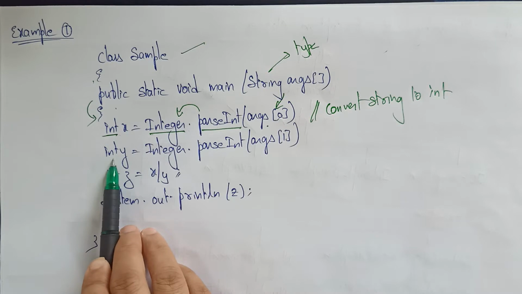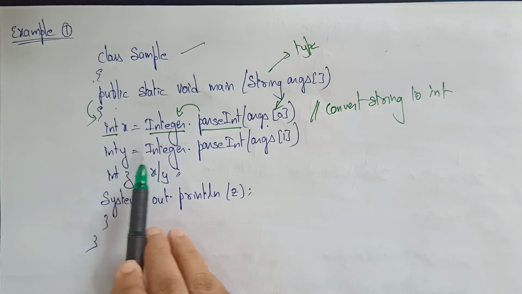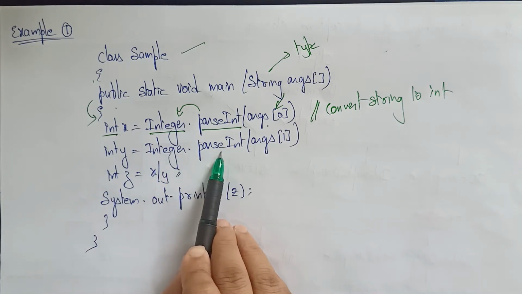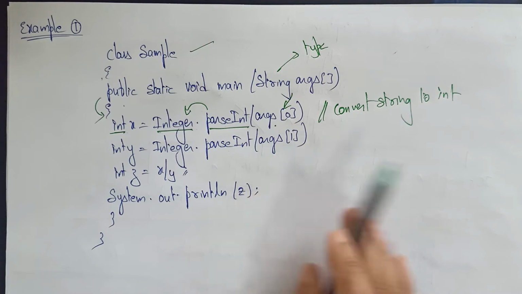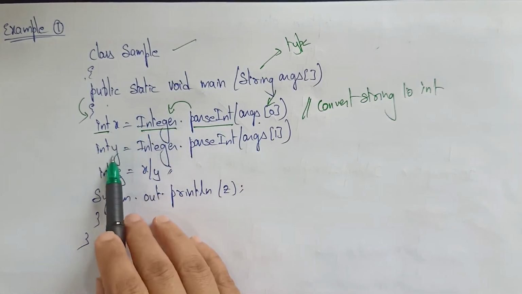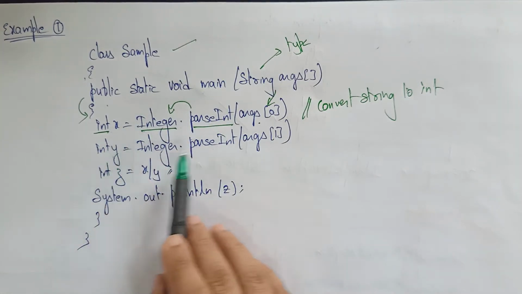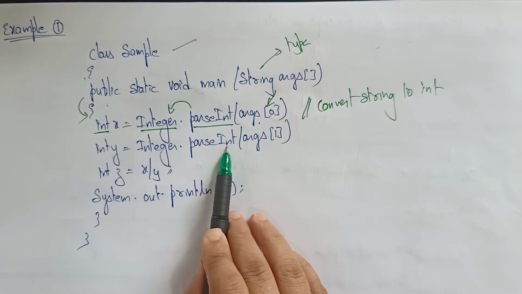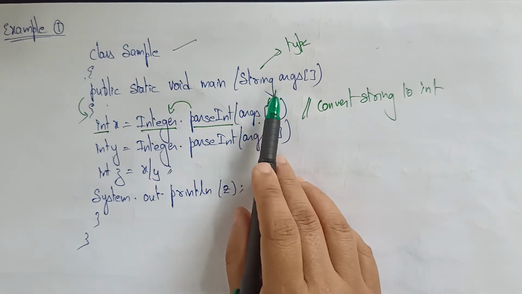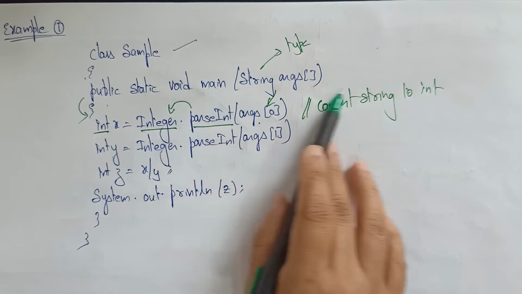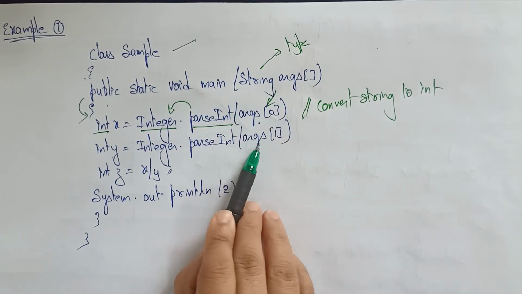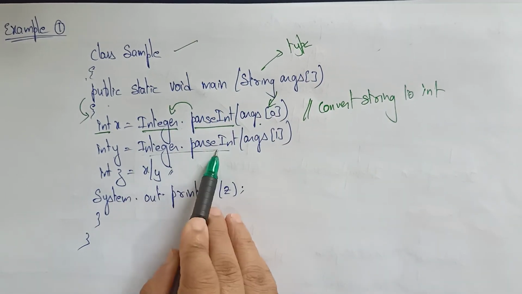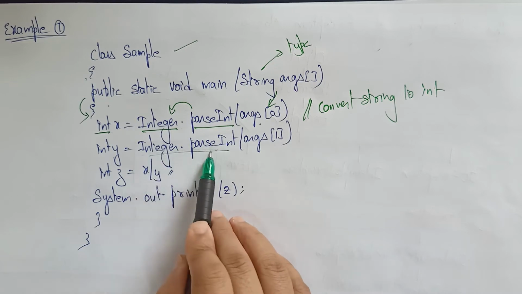Again, I am taking another variable, int y is equal to Integer.parseInt, so whatever argument I enter should be copied into y. I will enter integers only, but whatever args is, it's a string. Based on the syntax, if you want to convert it, you have to use this method. Integer is a class name, parseInt is a method.